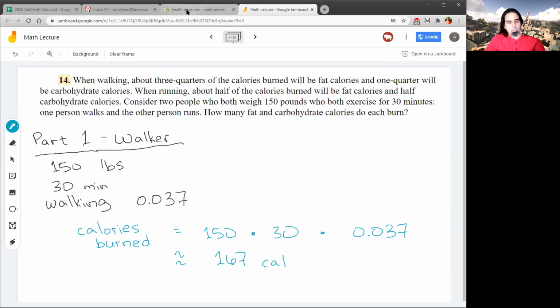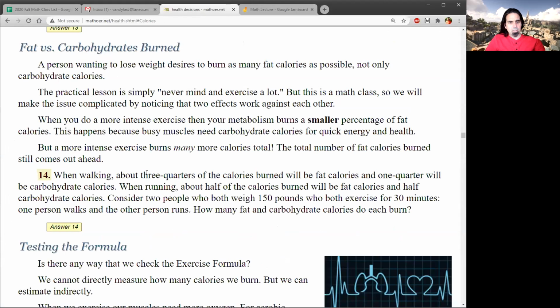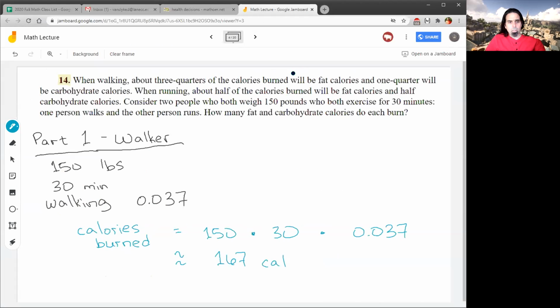Now we just read in a sort of skipped way that when walking, about 3/4 will be fat and 1/4 will be carb.